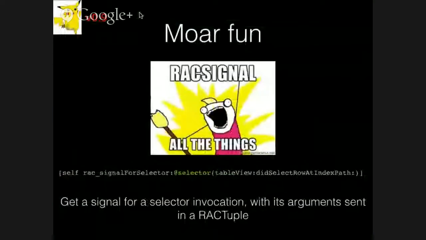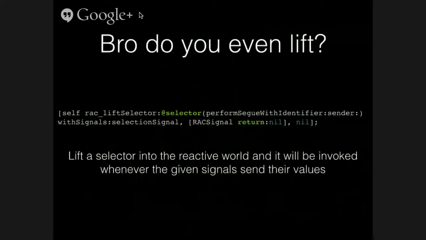So you can get signals for selectors. You can lift selectors, which again is just lifting a selector into the reactive world. It's like binding to a variable, except it's going to invoke the selector for this method with the given signals every time the signal sends a value. So you might not really need to use that too much. It's sort of like there's the way you can do it. You can start with subscribeNext and do a lot of stuff in these subscribe blocks because it's the easiest way to get to your data.